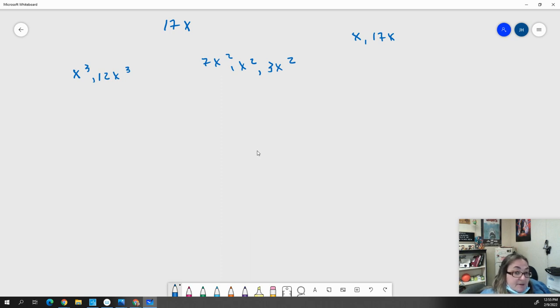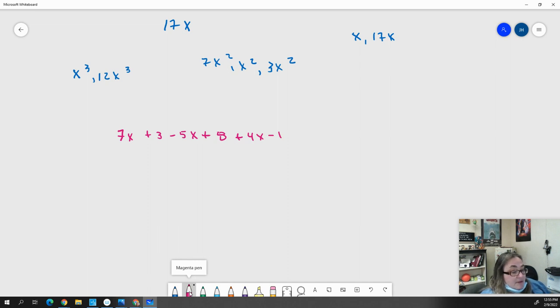So if I have, for example, let's do it in a different color so it doesn't get blended with what we just did, 7x plus 3 minus 5x plus 8 plus 4x minus 1.